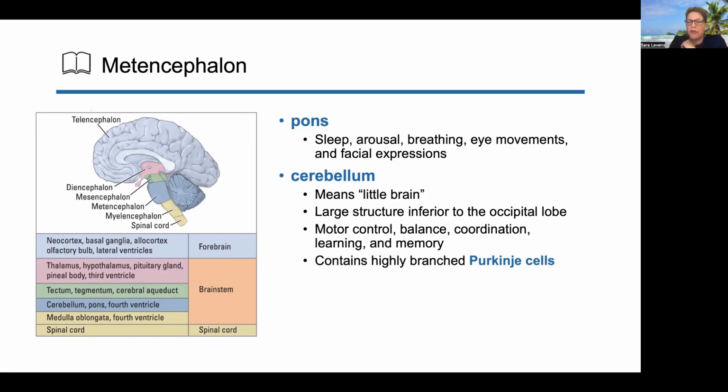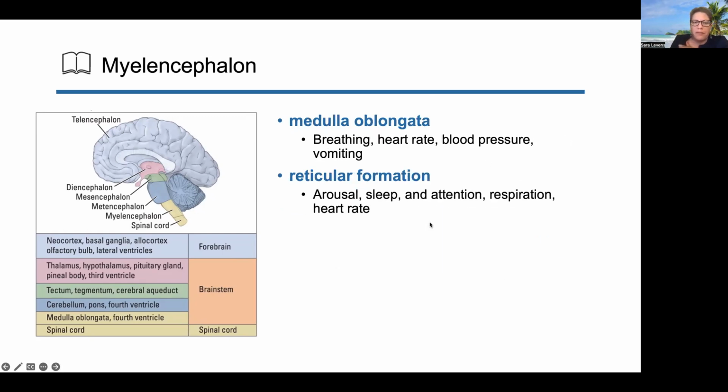And the cerebellum we'll be talking a lot more about, and then some of these final pieces are really vital functions. It's really about knowing that they're there and knowing what happens with some of these spaces. So most of the exam material you're going to want to know is up in the forebrain and the diencephalon.